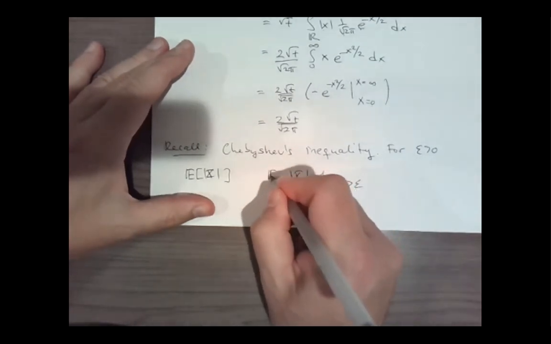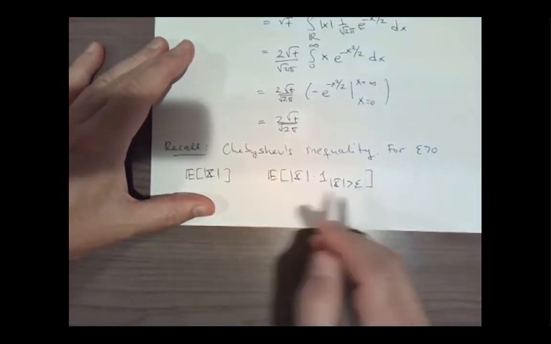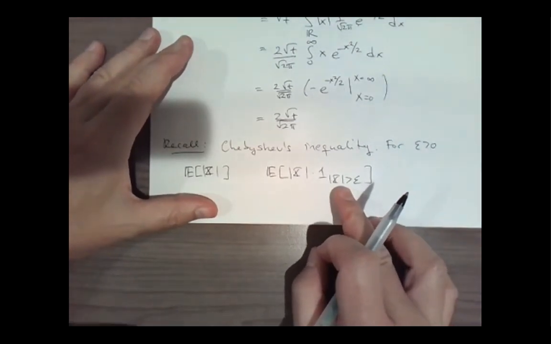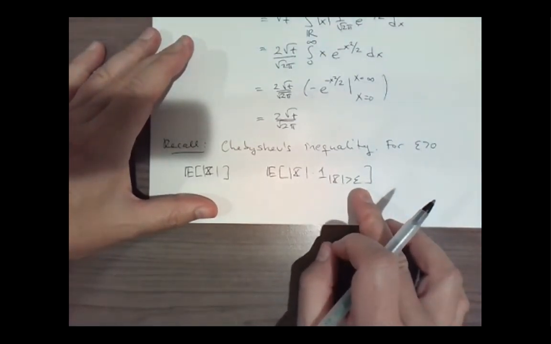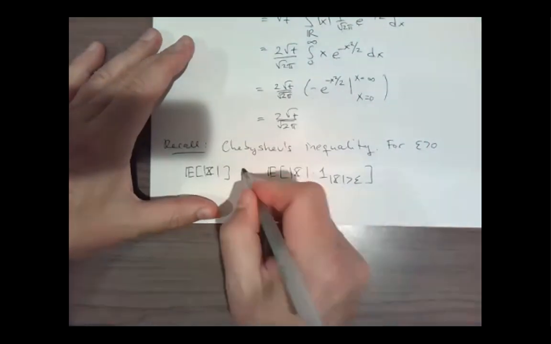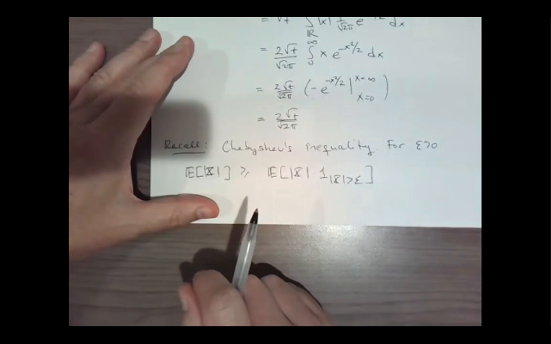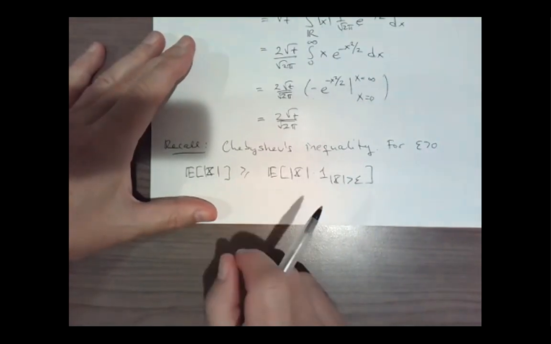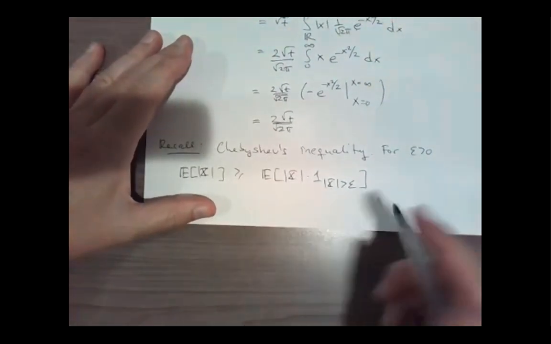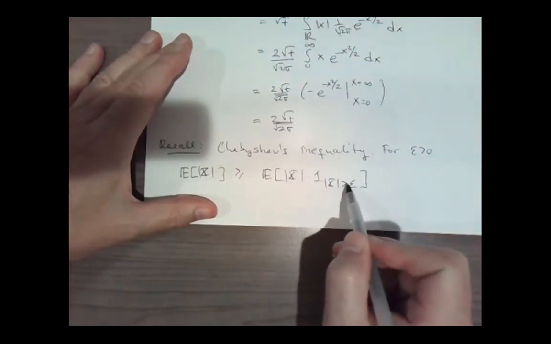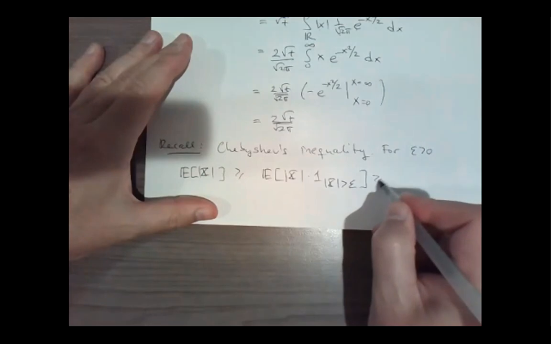If I take expectation on the right hand side, this is going to give me a 0 when the absolute value of x is small. So the right hand side is smaller, because if I put in epsilon instead of that thing, I'm going to get something even smaller.